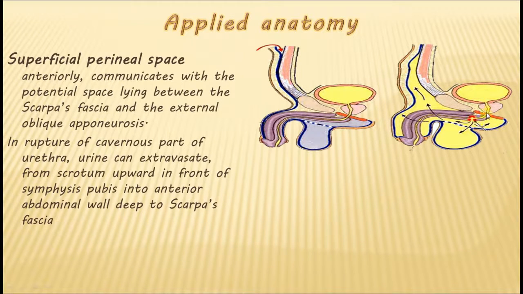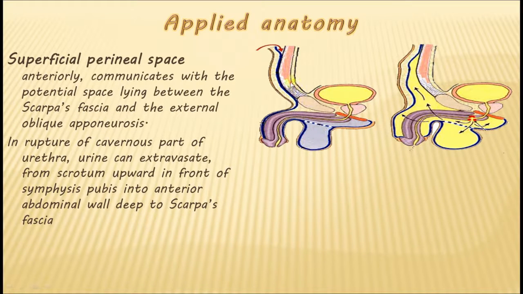Above, it cannot go to the deep perineal pouch because the fascia of Colles fuses with the perineal membrane, so it is closed. Below, it can collect along the scrotum and penis, and it can enter the anterior abdominal wall in the superficial inguinal space, which is between the fascia Scarpa and the aponeurosis of the external oblique abdominis muscle.